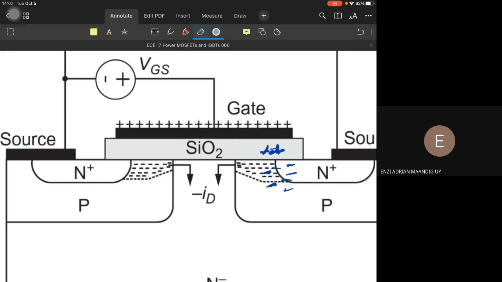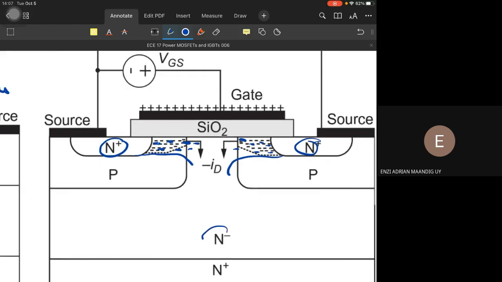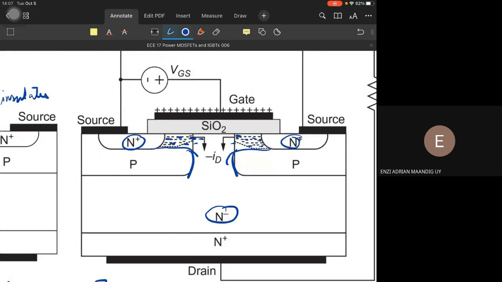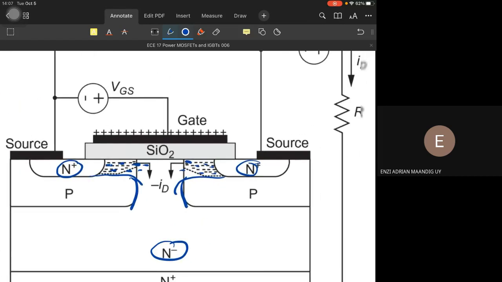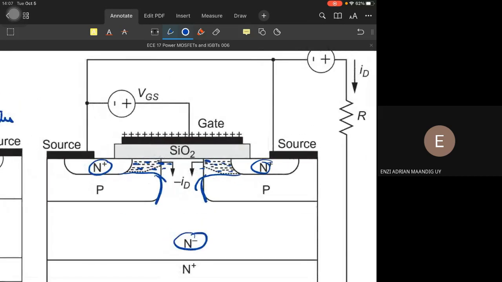So what will happen is they will just stay here and form a channel. Okay? This now connects these N-type semiconductors to this N-type semiconductor. So it creates an N-channel. That's why it is called an N-channel MOSFET. So this is the N-channel now.